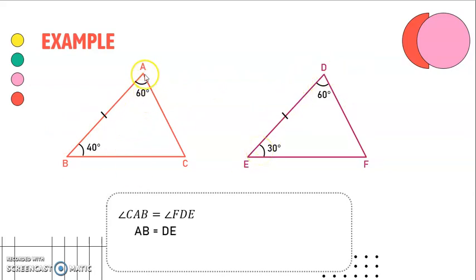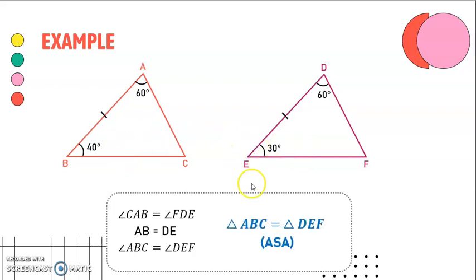And lastly, angle ABC is equal to angle DEF. So this one should be 40 degrees. So we can say that both of these triangles are congruent by using angle, side, angle, which is ASA.